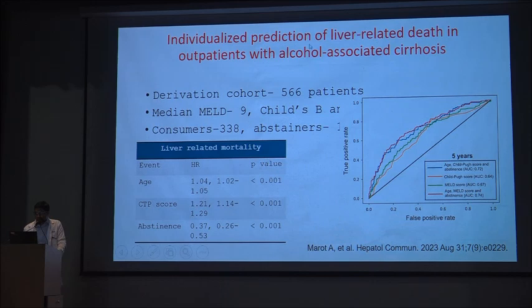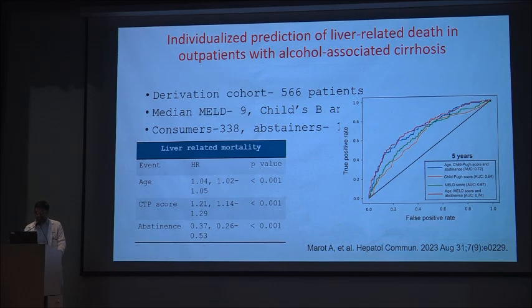There is also another study recently published where an individualized approach to liver-related death was studied. In the derivation cohort, there were around 566 patients. The median MELD was 9, most of them Child B, and they were divided into consumers and non-consumers. That is, once the diagnosis had been made, nearly 169 patients were abstinent, and 338 patients again continued to drink.